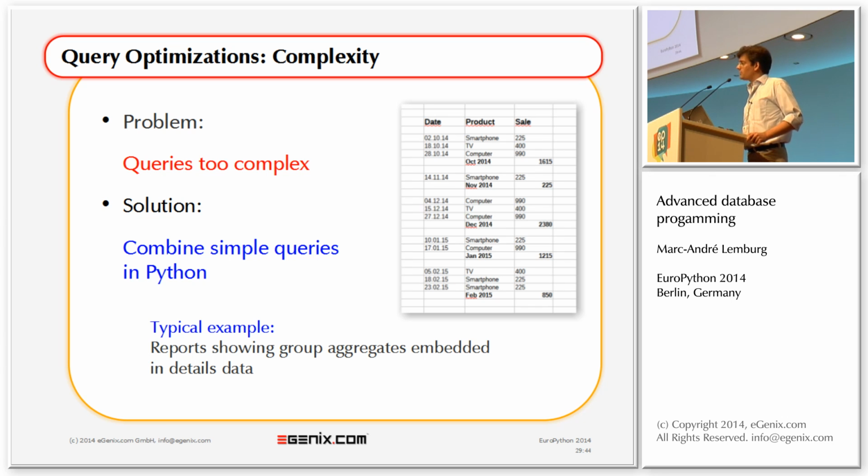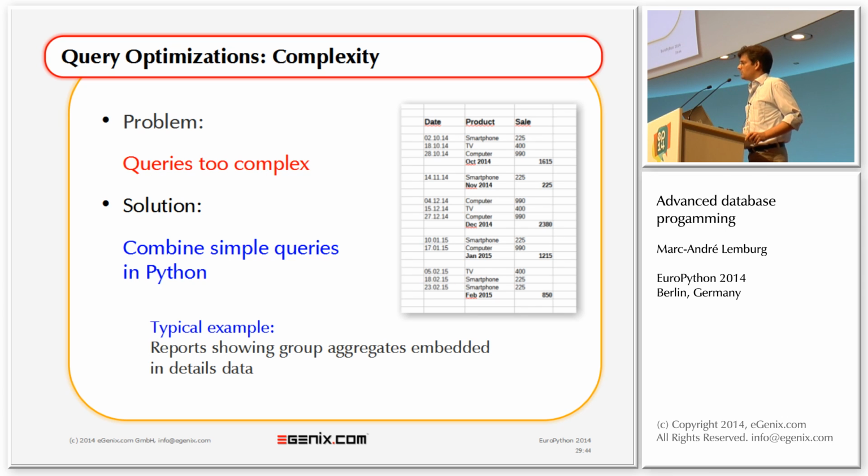And again, if your queries themselves are too complex, you can address that in Python as well. What you do is you split up your queries, make them easier to handle for the database, and then you combine the results from those queries in Python. A typical example is if you want to run a report that has aggregates right in the result set.